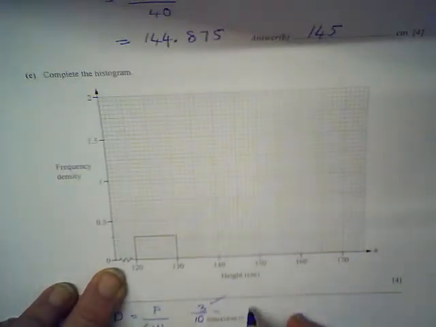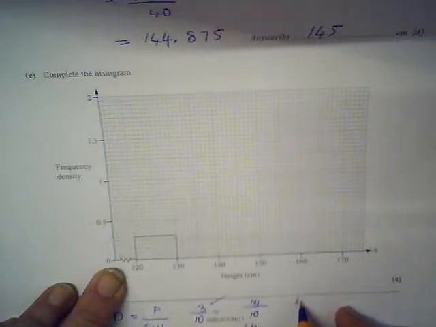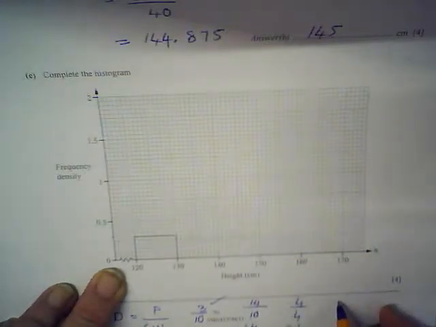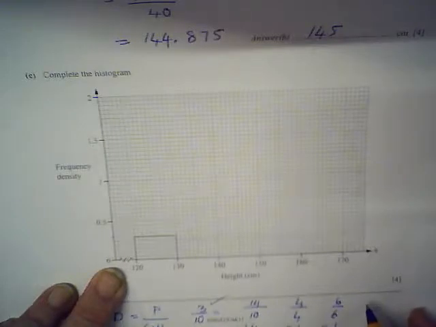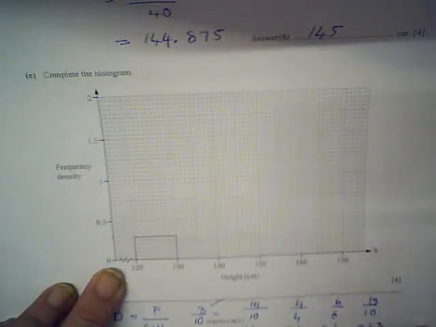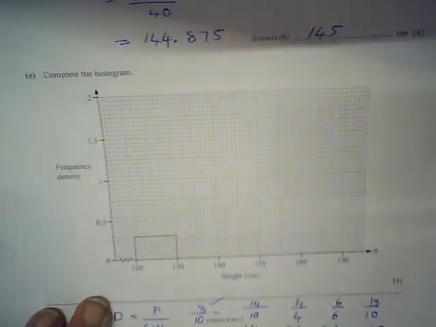So it would be 14 over 10, it would be 1.4, 4 over 4, that would give us 1, 6 over 6, that also gives us 1, 13 over 10, that gives us 1.3. Now we can fill in those answers.